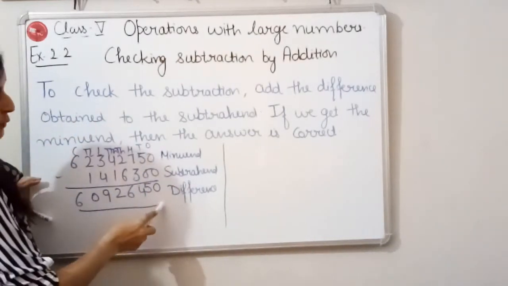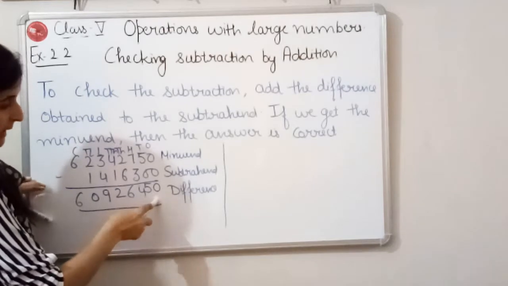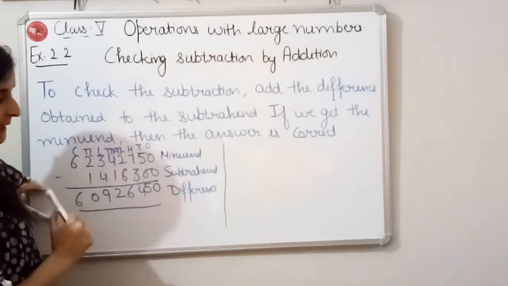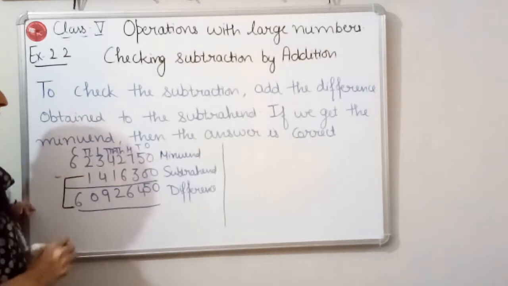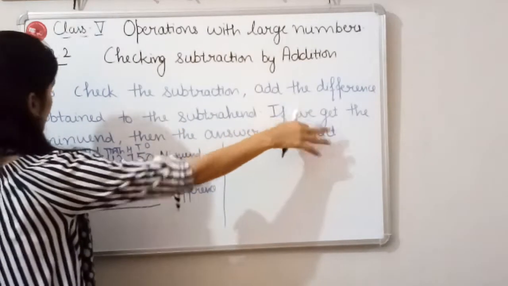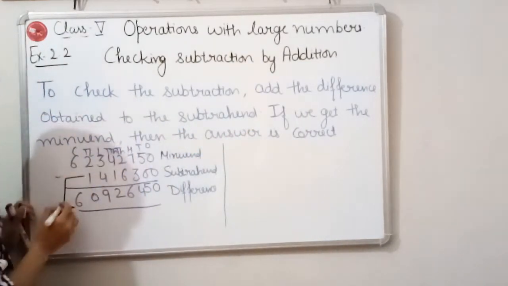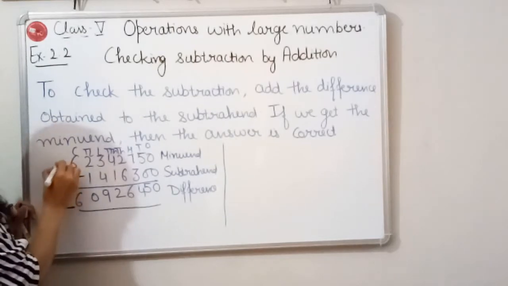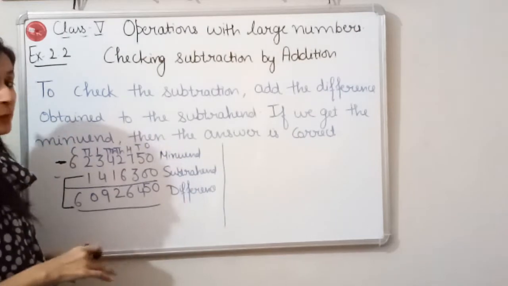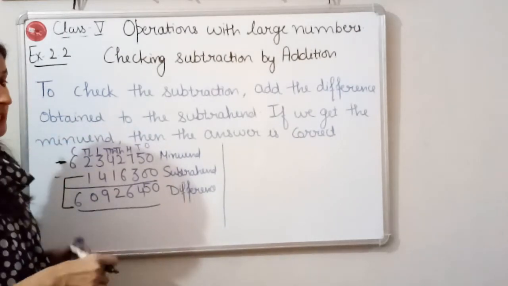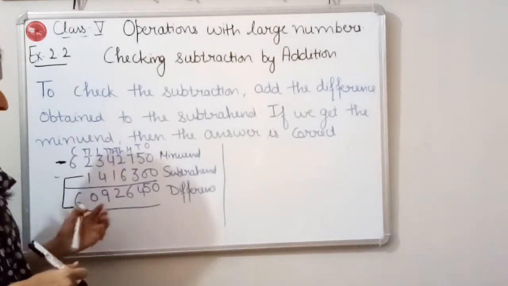We have to add this difference to the subtrahend, which means we add this and this term. If we get the minuend after adding these two terms, then the answer is correct. But if we are not getting the minuend, then our answer is incorrect.